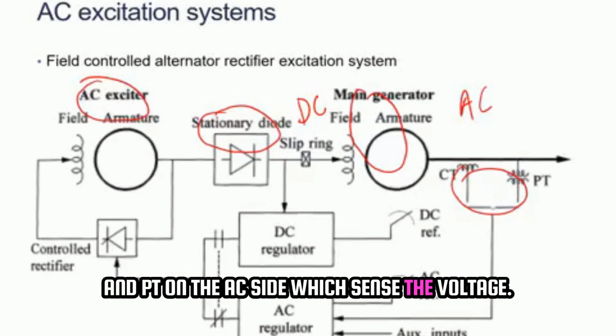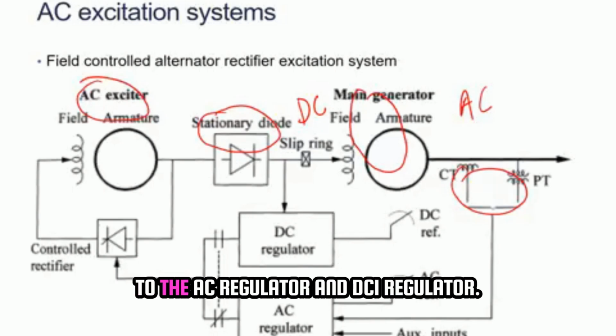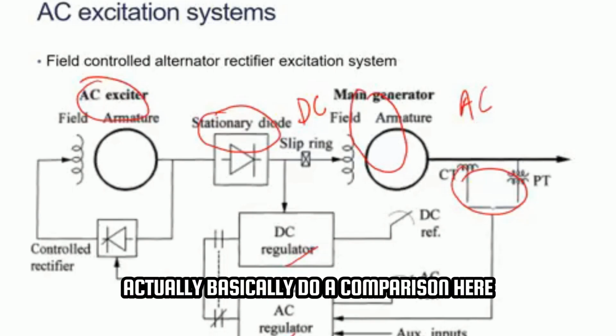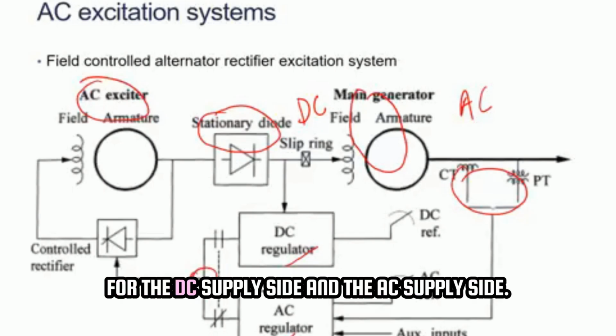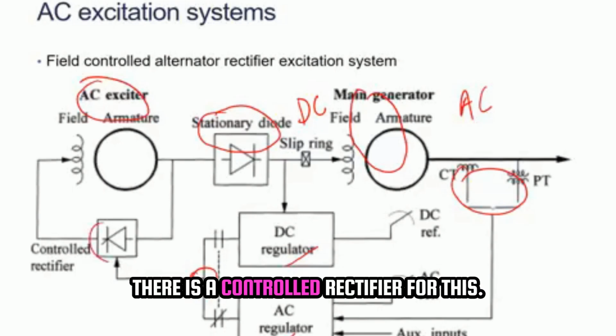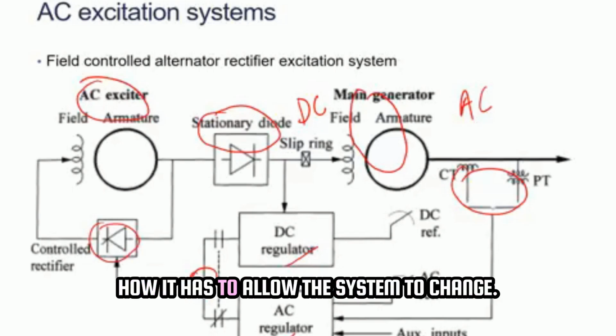They sense the voltage, and this voltage sense is given to the AC regulator and DC regulator. There are two types of regulators, and they both do a comparison here for the DC supply side and the AC supply side, and based on that there is a controlled rectifier. For this they give a firing angle signal on how it has to allow the system to change.